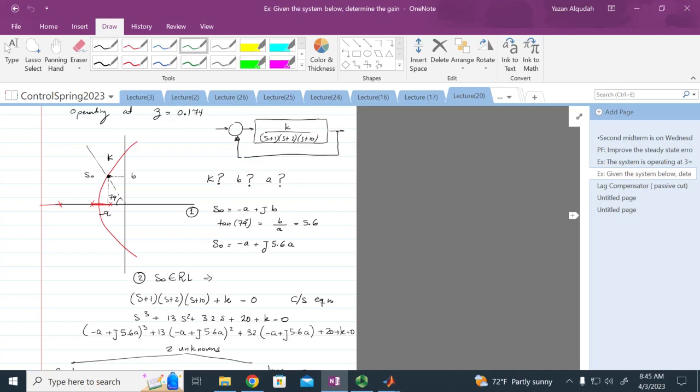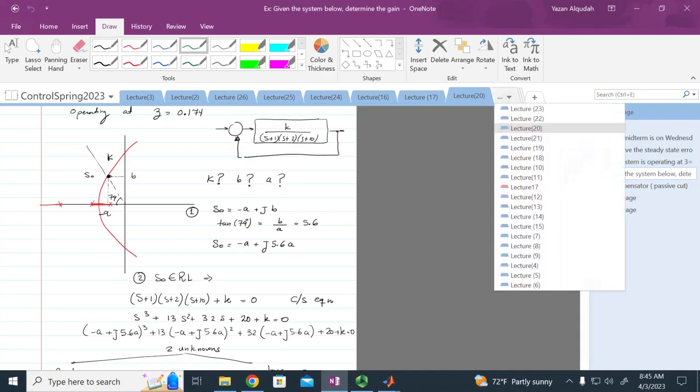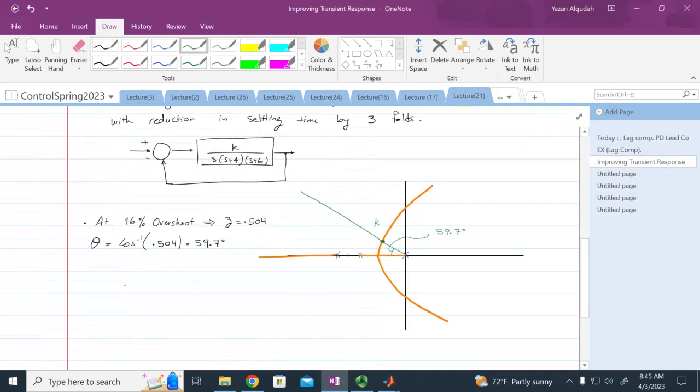Of course, if you have MATLAB, we can just hover over the root locus and find the location that gives me that value of zeta. If I don't have MATLAB, I need to solve for K and for the real part and for the imaginary part. So I'm going to need 3 equations. One equation comes from the tangent of the real and imaginary. Then this point belongs to the root locus, so it's going to satisfy the characteristic equation.